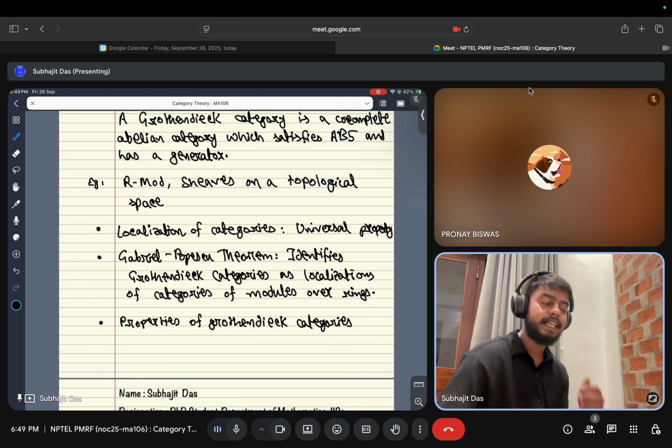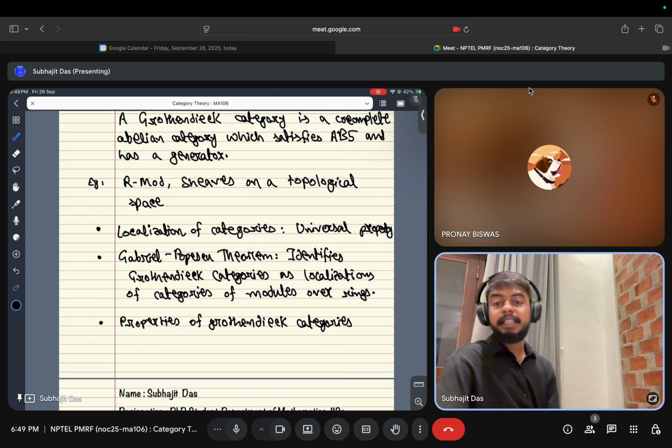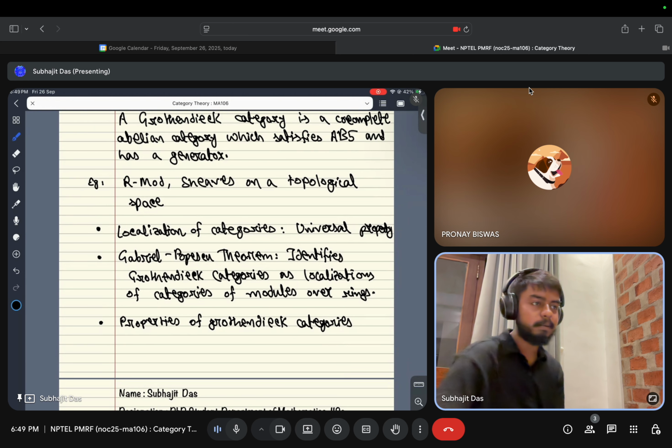And Grothendieck categories have this property because they are locally presentable categories, which we have seen previously.